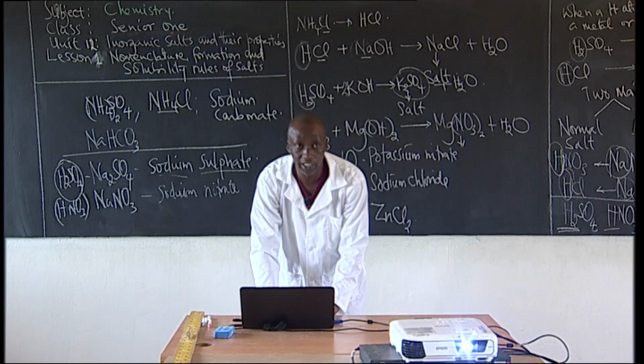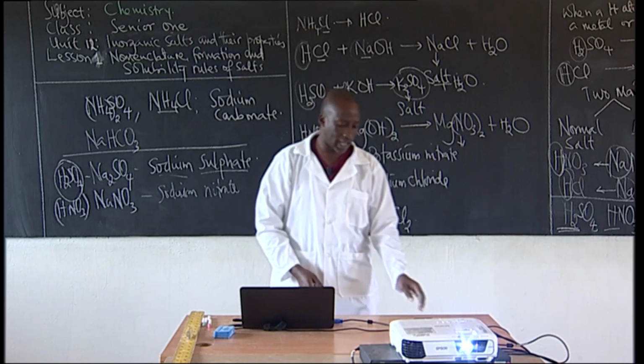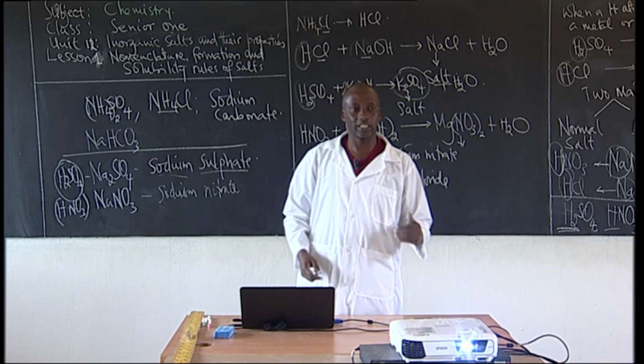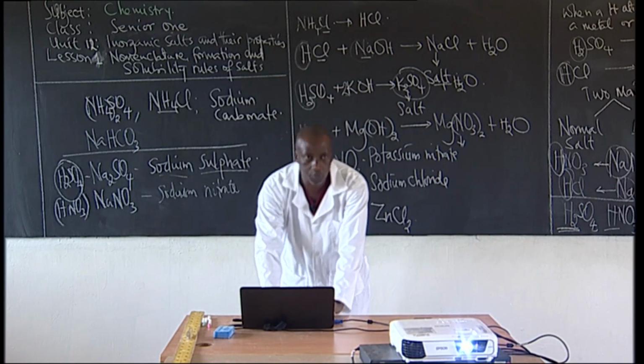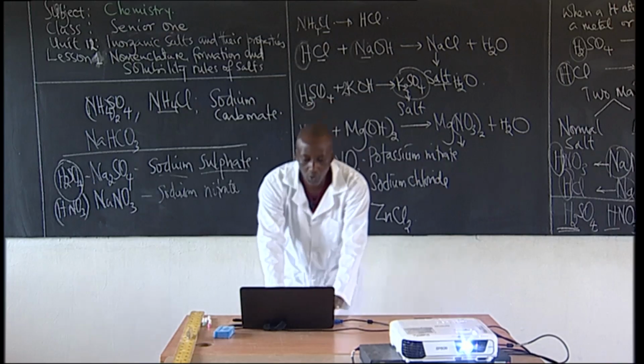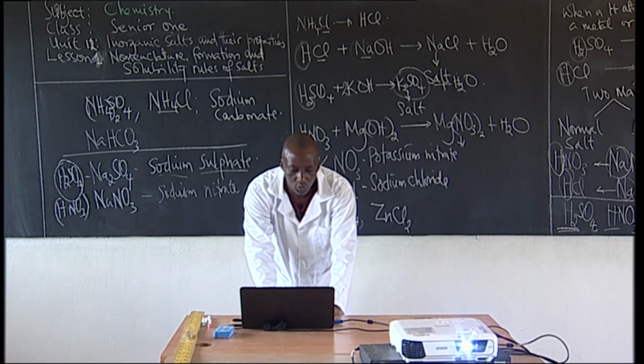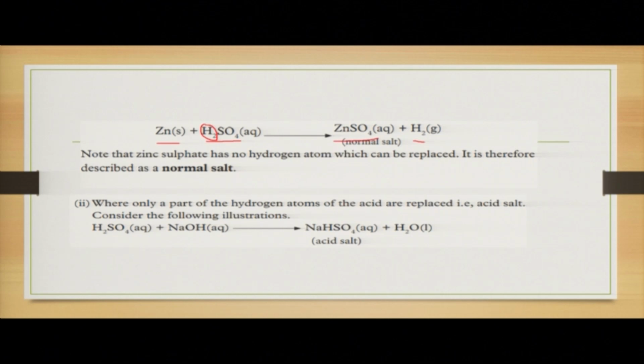But what is important is not the hydrogen gas that is formed, but the salt that is formed. Here we have 2 hydrogen atoms in the acid, and when you look at the salt, it means that the 2 hydrogen atoms have been completely replaced by the zinc. So this one becomes the normal salt.